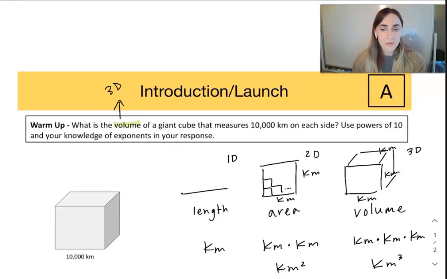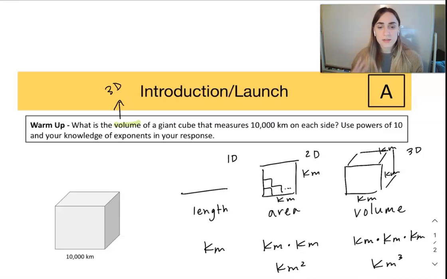So now that we've reviewed the idea of volume, let's reread the problem and see if that helps us understand what's happening here. So the warm-up says, what is the volume of a giant cube that measures 10,000 kilometers on each side? Use powers of 10 and your knowledge of exponents in your response.